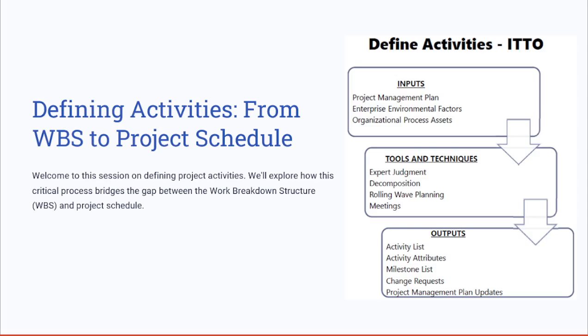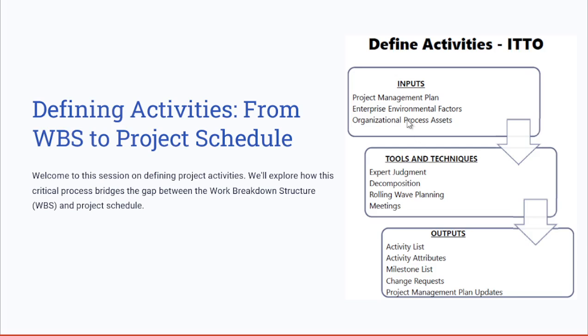It ensures that all of the deliverables are broken into actionable and measurable tasks, allowing for better estimation and for sequencing and execution of these tasks. A well-defined activity list is not only the foundation for effective scheduling, but also a tool to prevent scope creep and misalignment during project execution.